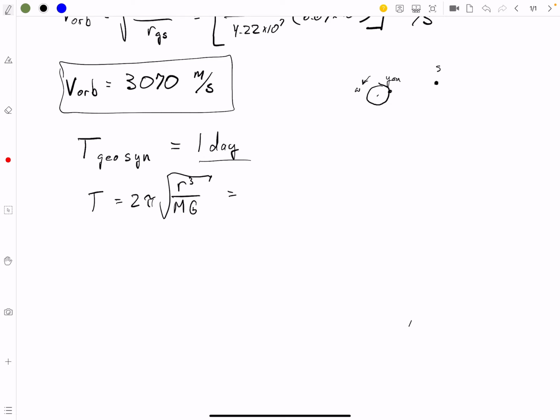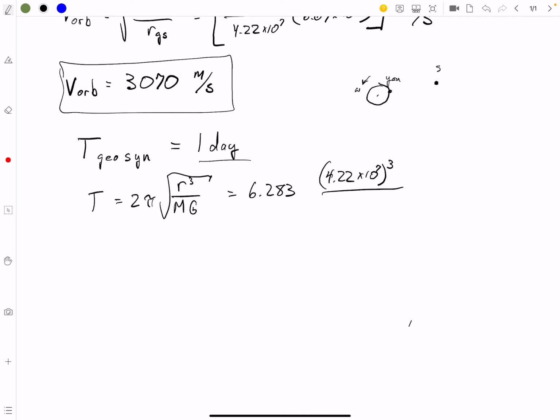Should we just keep it at 2 pi, or should I put in 6.283? And 4.22 times 10 to the 7, and we're going to cube that.